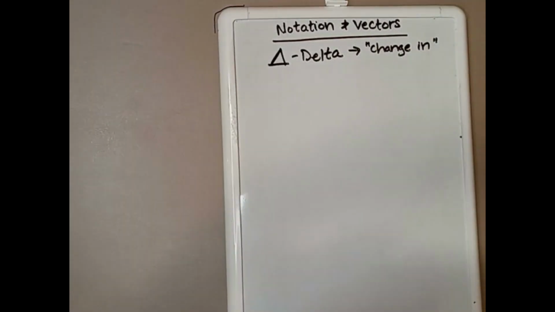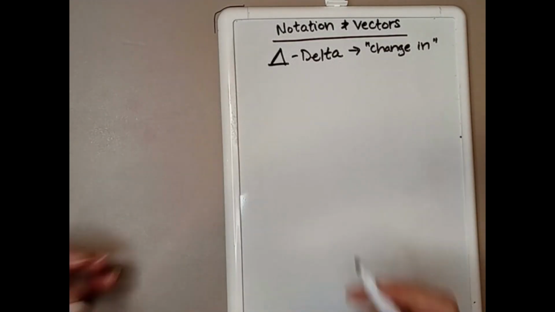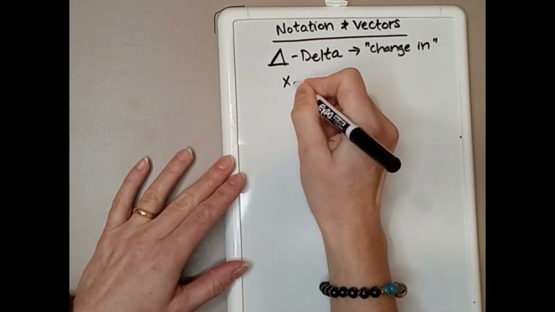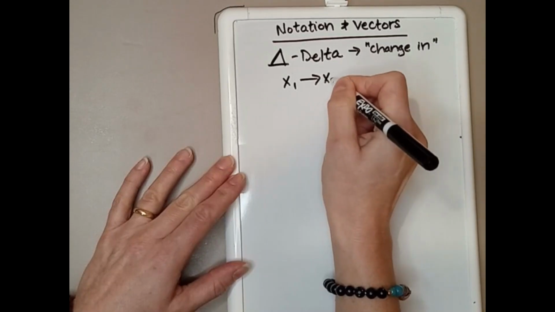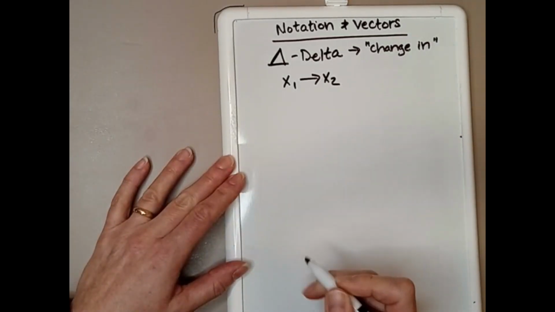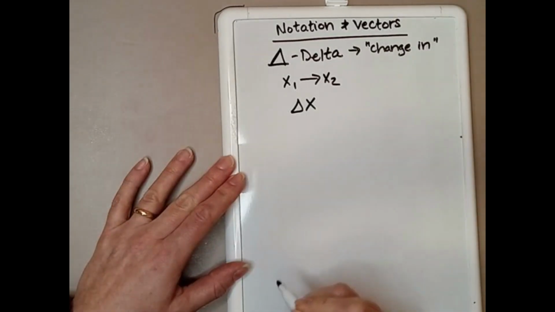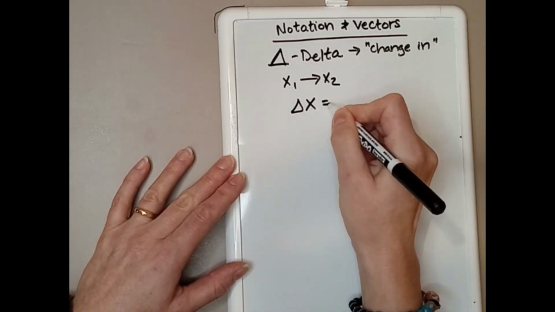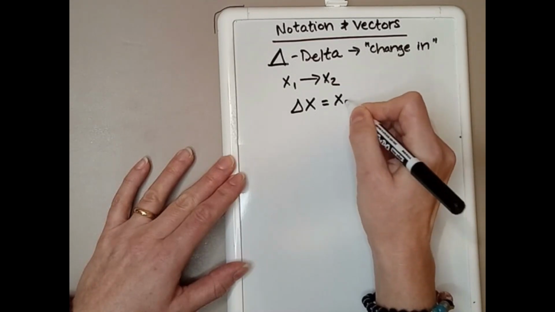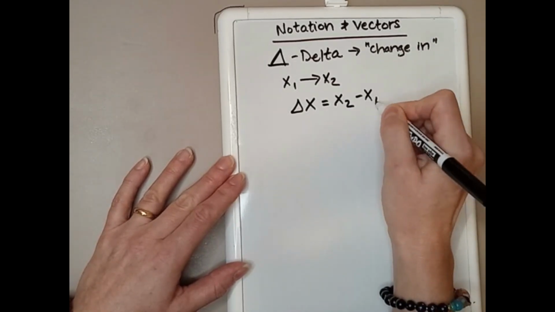So for example, if you have an object moving from x1 to x2, we're going to say that its change in position, delta x, is equal to its final position, which would be x2, minus x1.